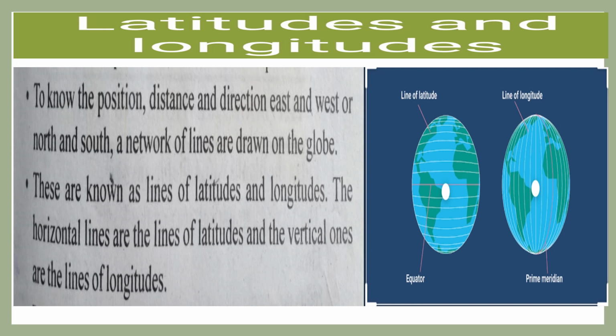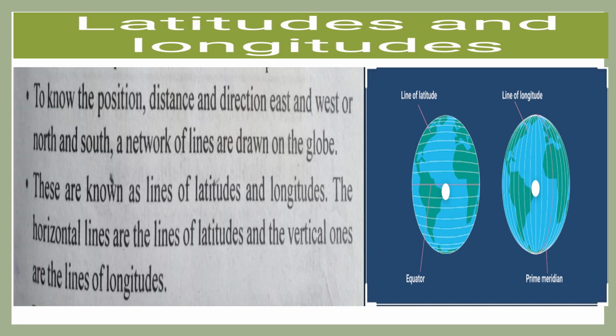So, in order to understand the relations between different places on the earth and their exact location, we have to understand their positions first, as well as their distance from any fixed point and also their exact direction.